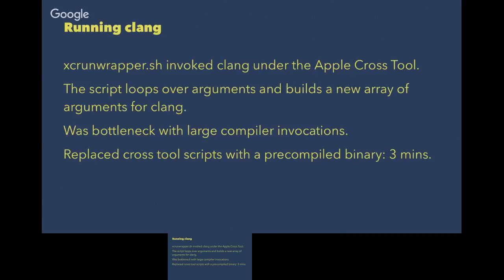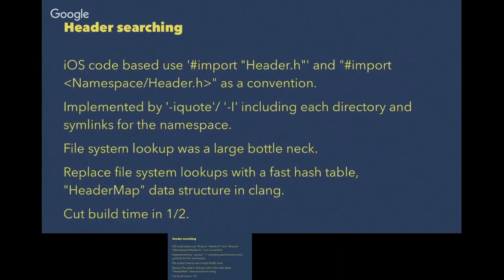You have wrap Clang, you have this and that running all these shell scripts, and basically by replacing all those shell scripts with a custom binary that was precompiled, that saved 3 minutes off the entire build time, going from like 9 minutes to 6 minutes or something like that. That's a fundamental change when we're talking about 9 minutes.